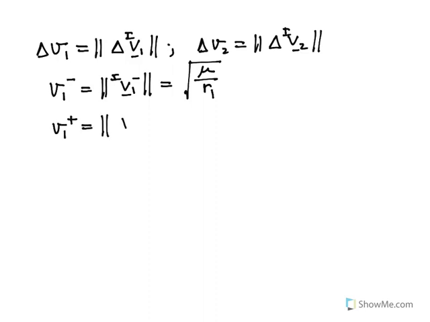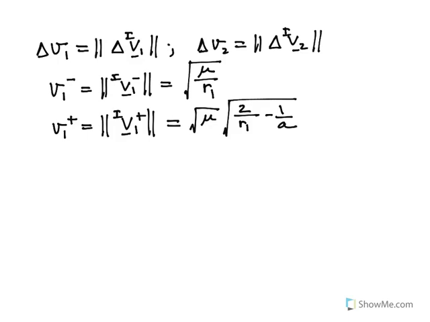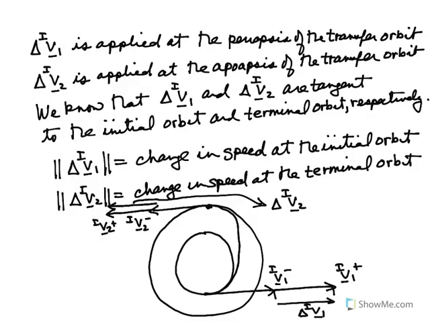That's equal to the magnitude of V1 plus I. But now that is equal to, well, I can use the vis viva equation to be able to do this, which is, I know that this is equal to the square root of mu times the square root of 2 over R1 minus 1 over A, where A, I'm going to write it here, A is equal to the semi-major axis of the transfer orbit.